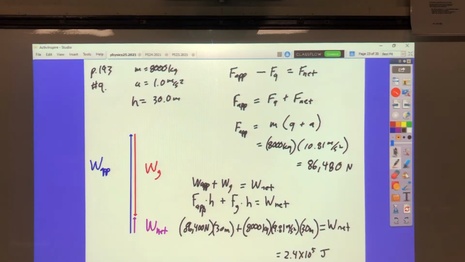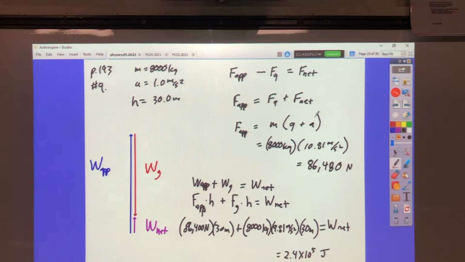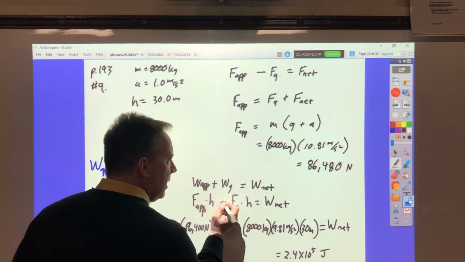Now, the one little thing I did forget is this time, maybe I should have done it differently. I was going to put the 9.81 in here as a negative, and I forgot. Well, I tell you what, to make it consistent with what we did the first time, why don't I go ahead and put my negative out here, like so.